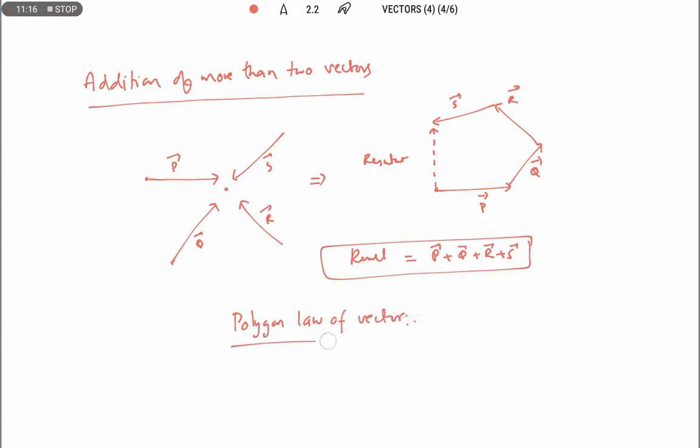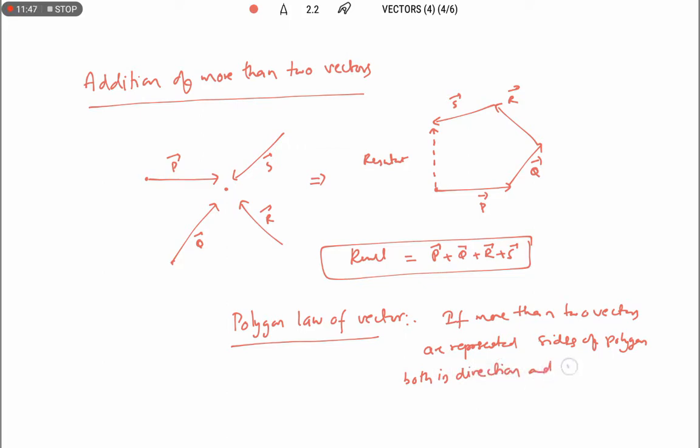So a simple statement of the polygon law of vectors: if more than two vectors are represented as sides of a polygon, both in direction and magnitude, the resultant is the closing side of the polygon taken in reverse direction.